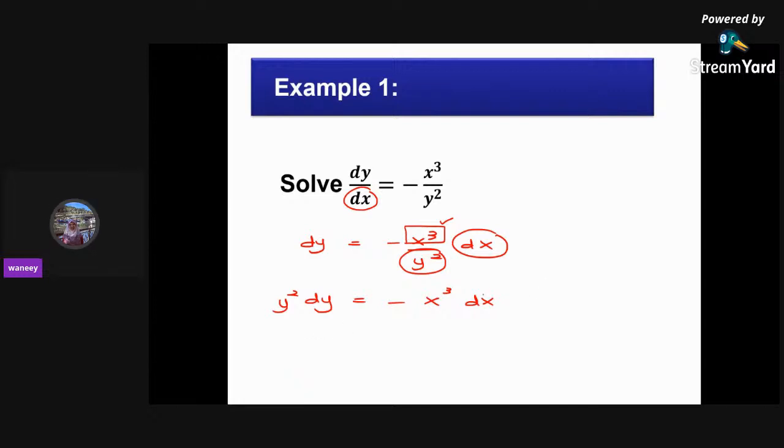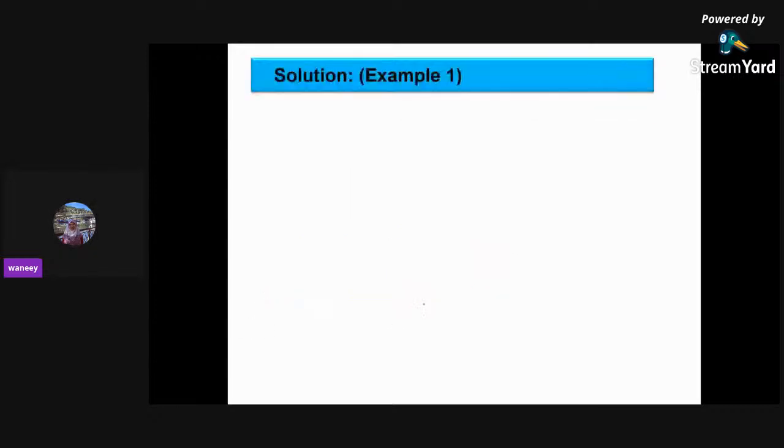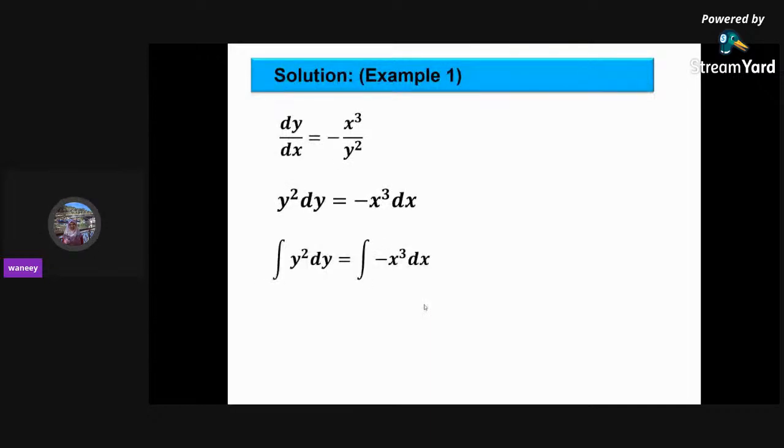Now once you separate them, then you can integrate them one by one. Integrate the left hand side, and then integrate the right hand side. So separate them, integrate. Integrating y squared dy, you're going to use the power rule: adding 1 to the power, divide by the new power.